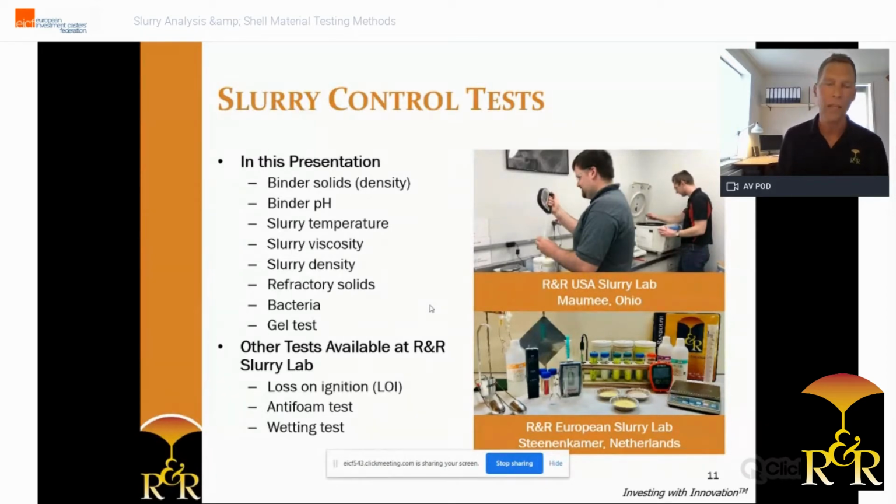But not every foundry currently has the resources or the equipment in place to perform slurry analysis. So R&R has the possibility to perform all of these tests for you at our lab in the US or in the Netherlands, and we can supply you these insulated bottles to protect the samples against freezing, if you think that you need some support from us to do these tests.